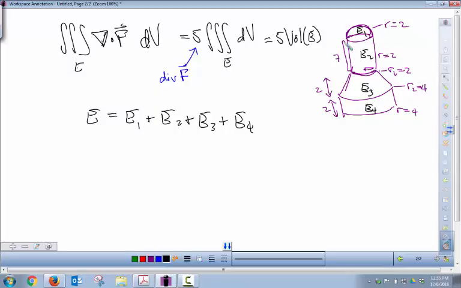So we have half of a hemisphere. So volume of E1 equals, sorry, it's volume. I should put volume here. It's 4/3 pi r cubed times 1/2, because you're not dealing with the whole sphere.